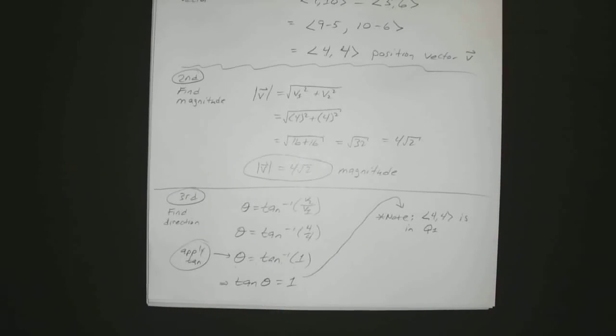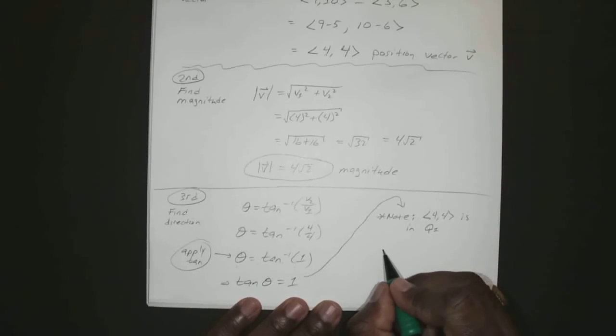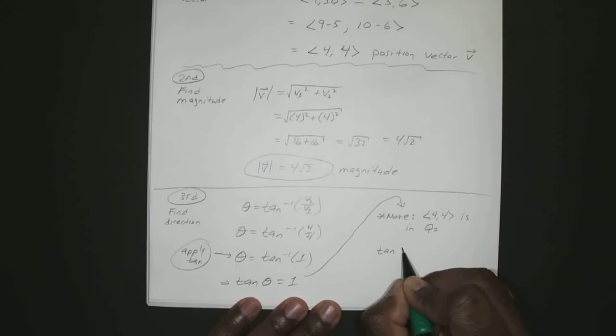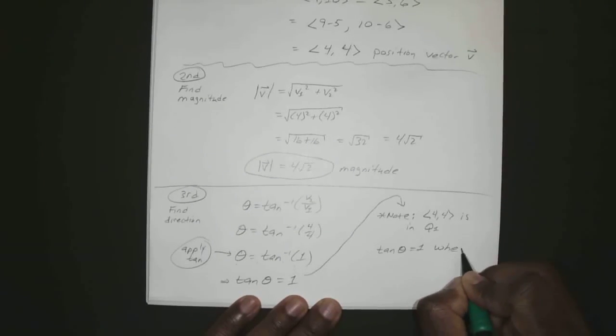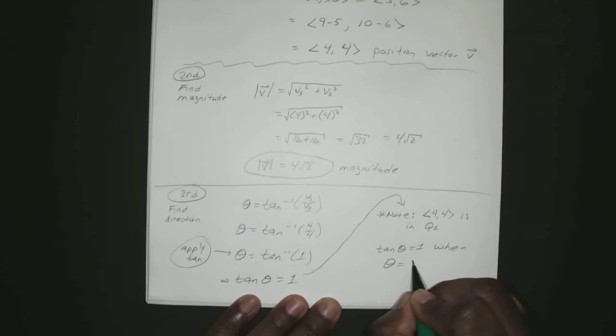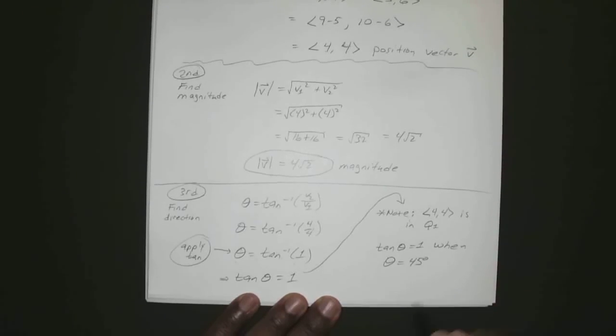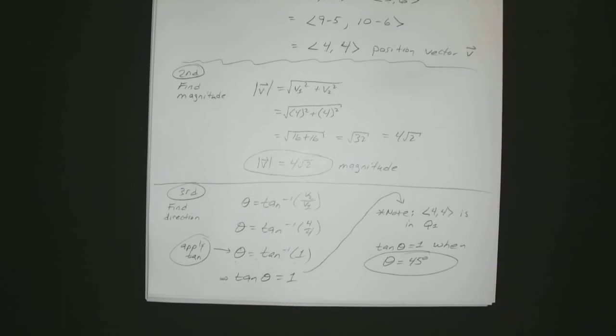Okay, so since our position vector is in quadrant 1, that means that our theta will be in quadrant 1 also. Okay, so tangent of theta equals 1 when theta is equal to 45 degrees. Okay, so that's your direction.